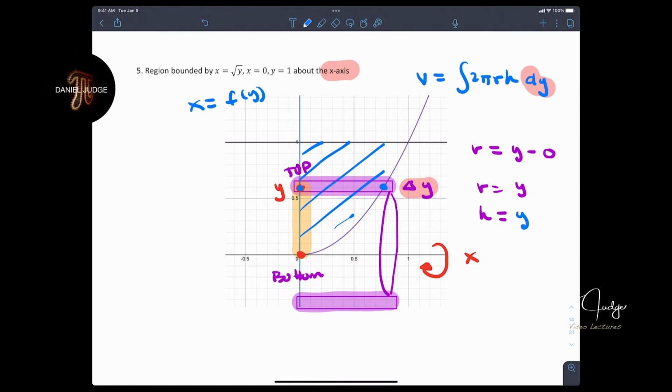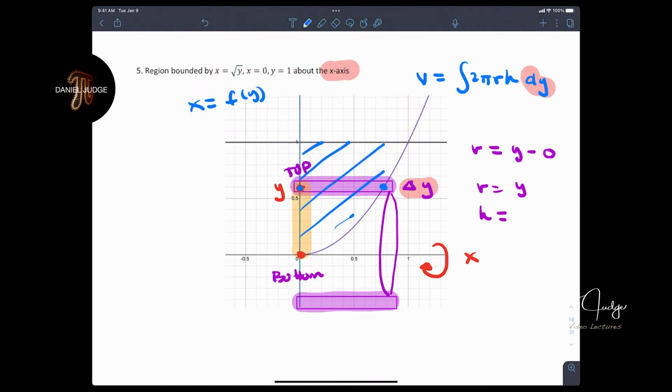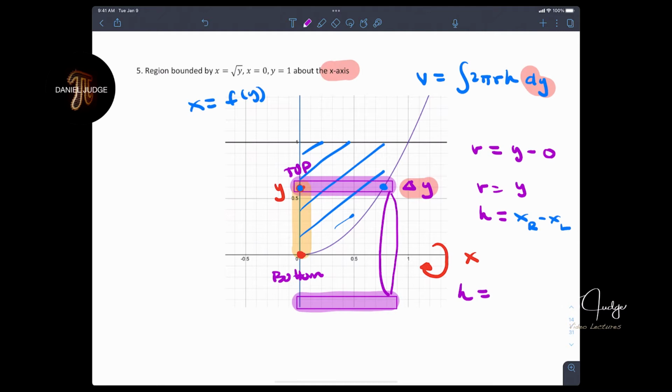It's going to be this right value, x r on the right minus x l on the left. Our height is the curve square root of y minus 0 here.